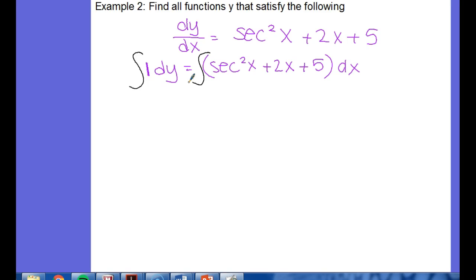The antiderivative of 1 dy would turn to y. Antiderivative of secant squared. Perfect. Antiderivative of 2x. Antiderivative of 5. And what do I have to tag along?